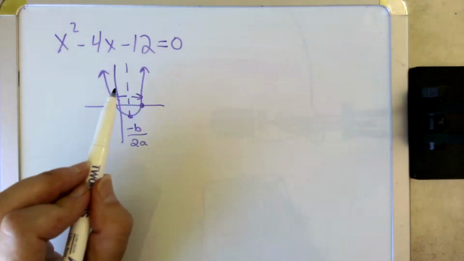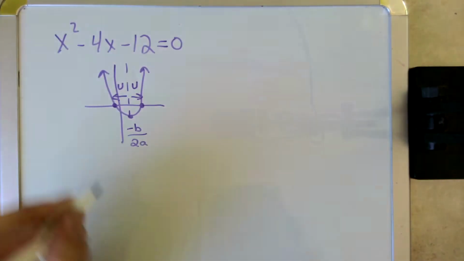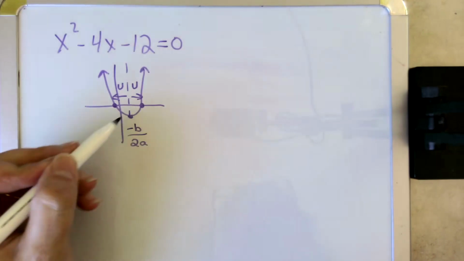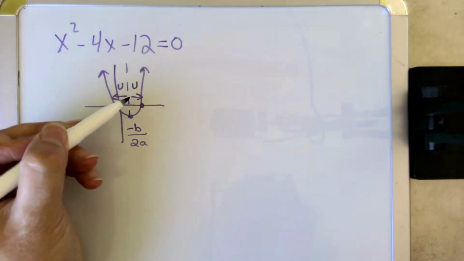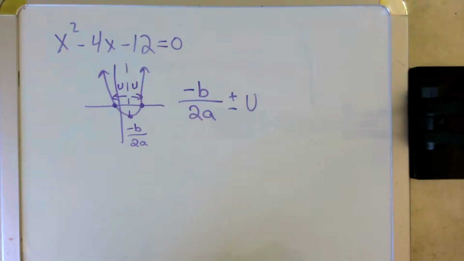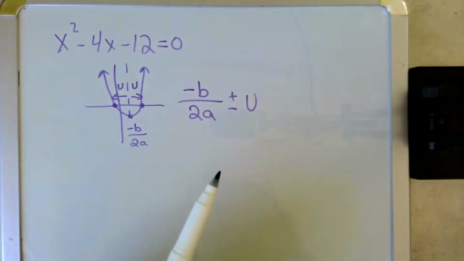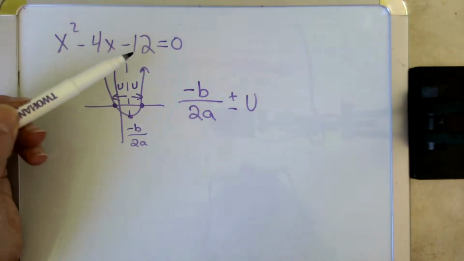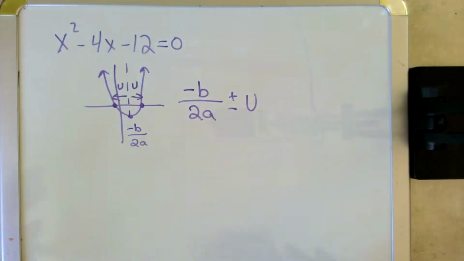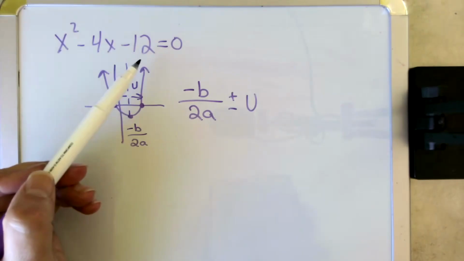So if I say that each of those distances is the variable u, then I can define these two solutions as negative b over 2a plus u or minus u. And I also know that if I take my two solutions and multiply them, I get the value of my c. That's that original method we're all familiar with of what adds to b but multiplies to c.